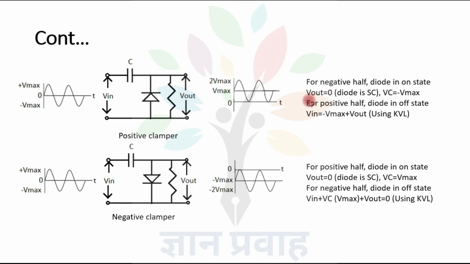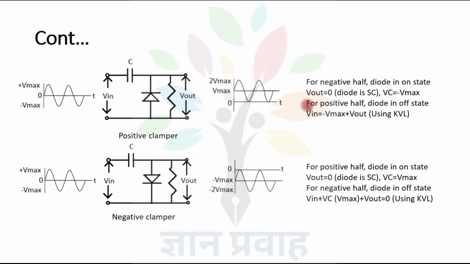So for the negative half, the diode is operating in forward bias or in on state and Vout equals 0, like this. The voltage across the capacitor is Vc and it is equal to minus Vmax, charged up to the maximum of the input voltage in reverse polarity, for the negative half. So Vc is minus Vmax.